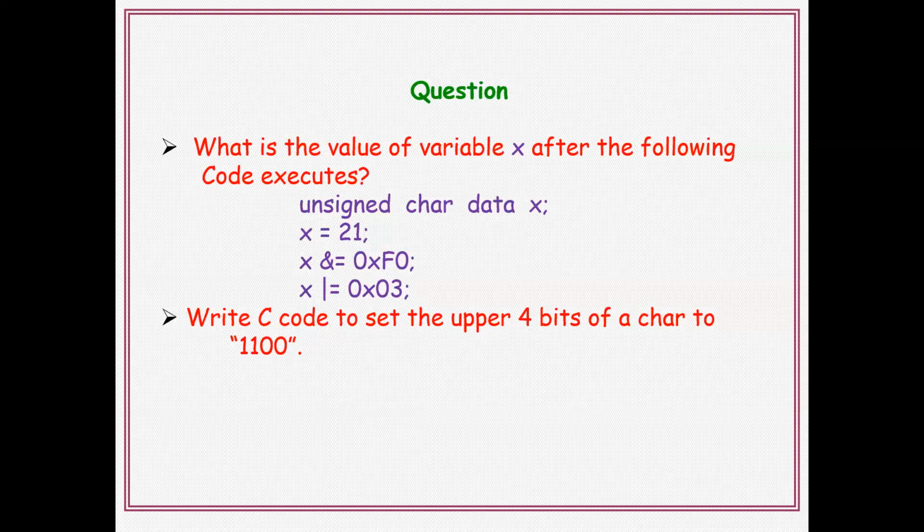So that is one question. Let us see code to set the upper 4 bits of a character to 1100. These are a few questions. This can be implemented with the help of the previous instructions.